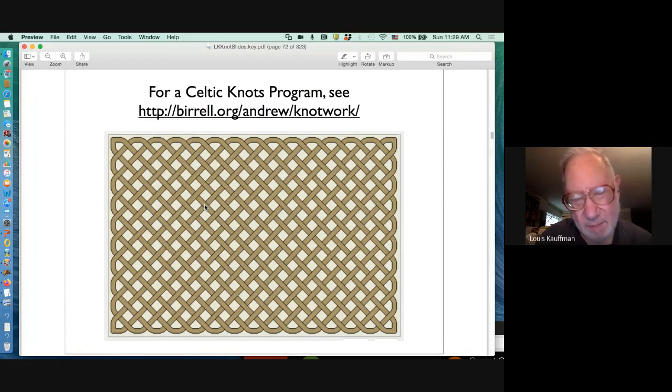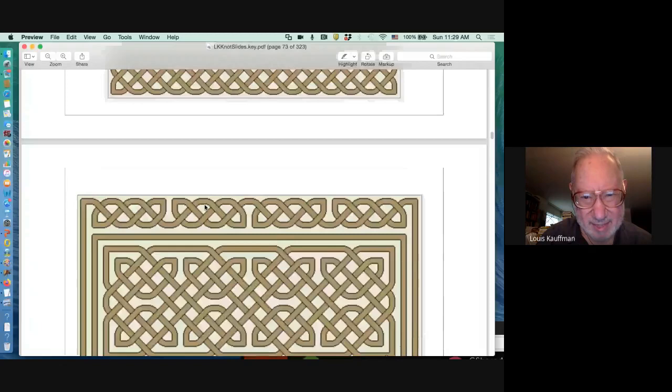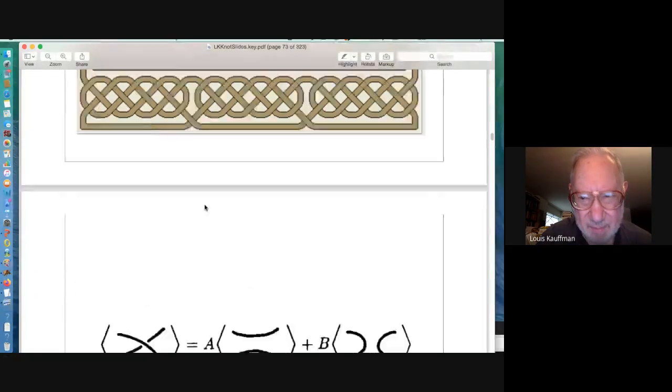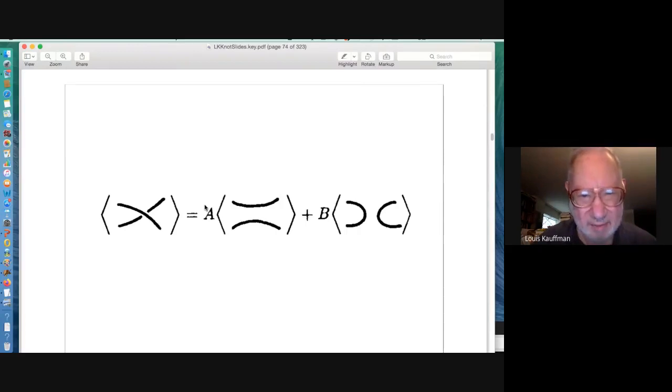So now jumping up to around 1983 or 1984, when we knot theorists were starting to realize that there was a lot more we could do with diagrams than we thought we could before.